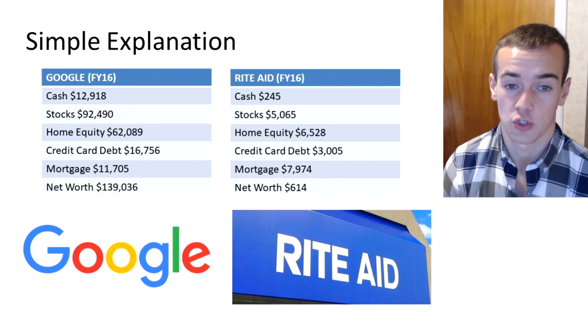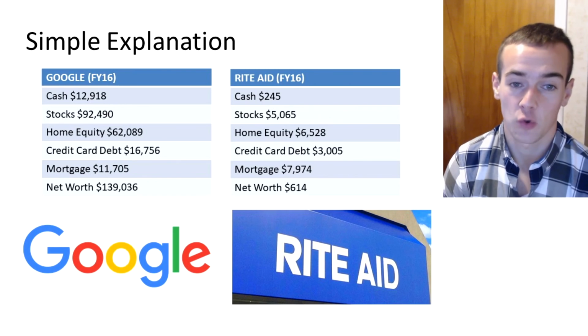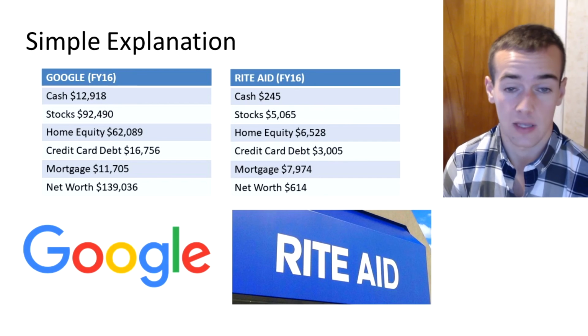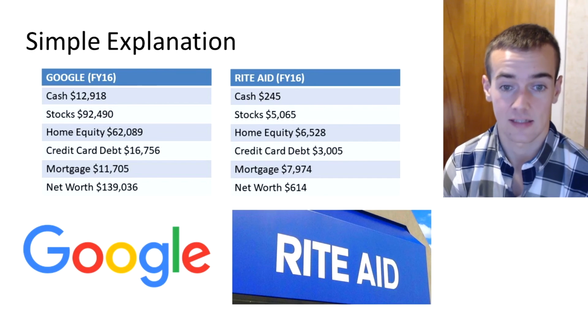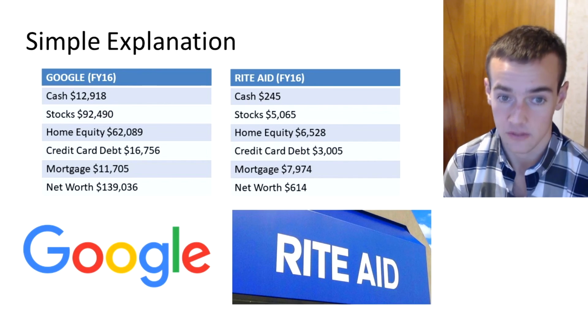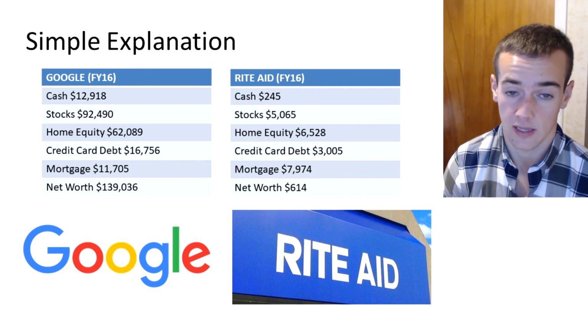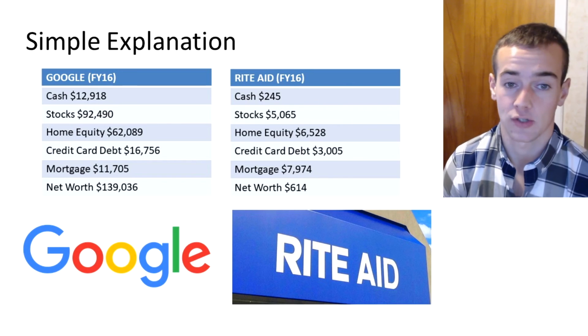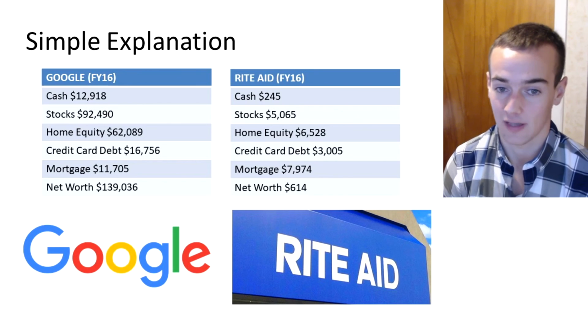If Rite Aid was your own personal balance sheet, you would have $245 in cash, and then your home equity, what you have built up in your house, your non-current assets, at $6,528. Then we see that your credit card debt, or your current liabilities, is at $3,000. So your cash does not come anywhere near covering your current liabilities.